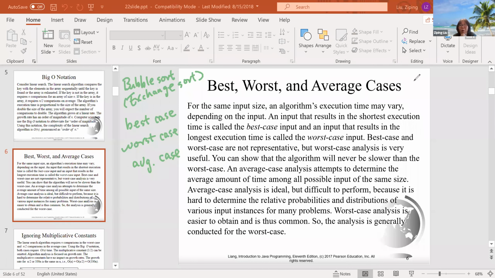No, I don't mean order of what. What I mean is, when is the best case for bubble sort? When it is already sorted. Then that's the best case. So like some of you just mentioned, it's linear, because you just do the comparison. When will it be the worst case? The worst case, when?